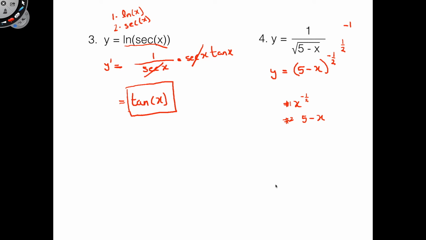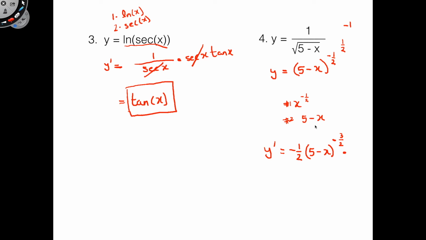So y prime would equal negative 1/2 of 5 minus x. Remember, we subtract 1, so this would be negative 3/2, times the derivative of 5 minus x.